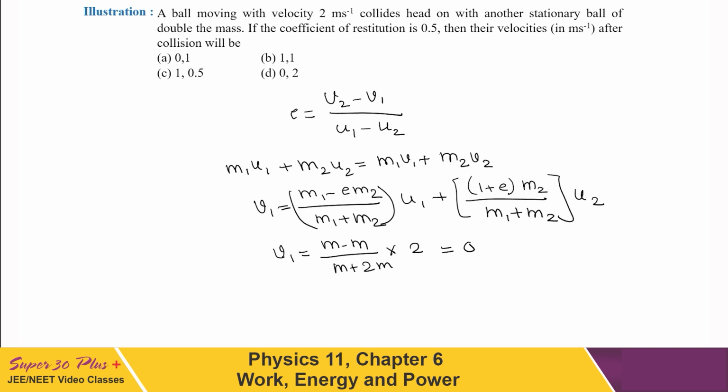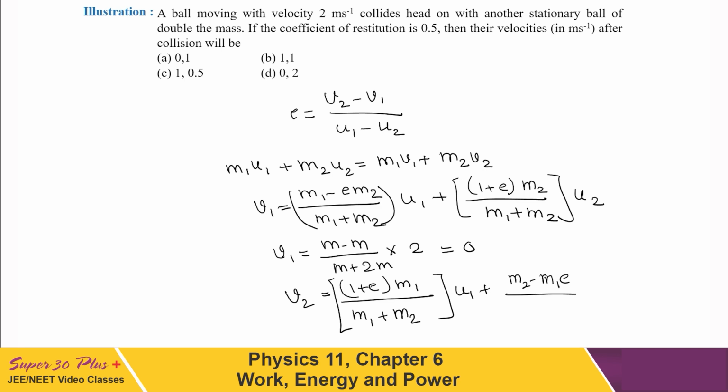The expression for v2 is (1 plus e) m1 upon m1 plus m2, multiplied with u1, plus m2 minus e m1 upon m1 plus m2 multiplied with u2. This expression also has come from solving the first two equations, and now on substituting numerical values, we will get v2 equal to 1 meter per second. So our correct option is 0 and 1, which is option number 1.